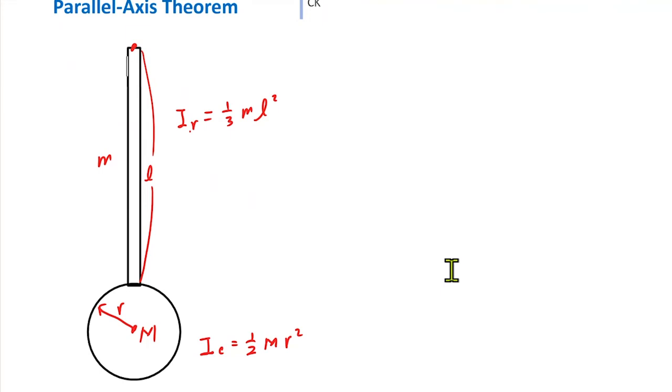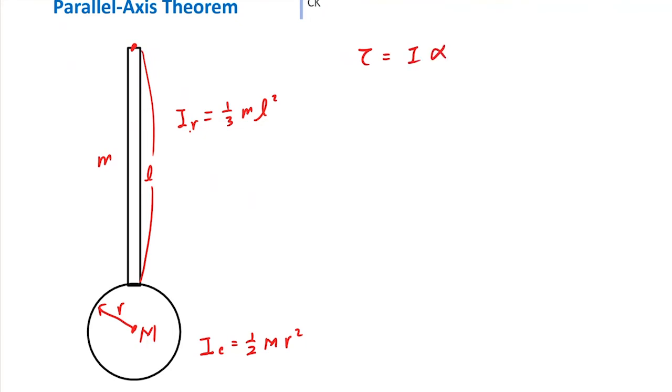There are two ways of justifying this. One way is to integrate, which I really don't want to do. The second way is to actually use the torque idea. Let's calculate the torque that is required to swing this thing back and forth. So the torque has to be, of course, I alpha.